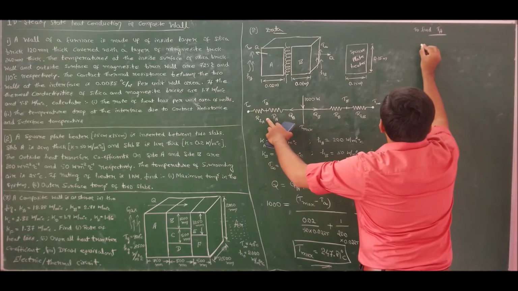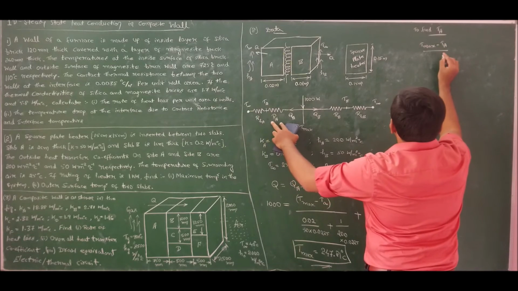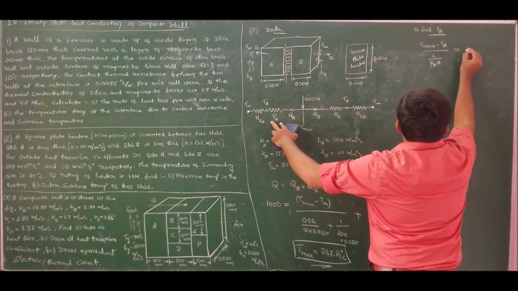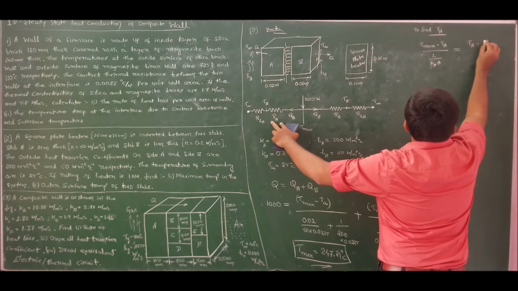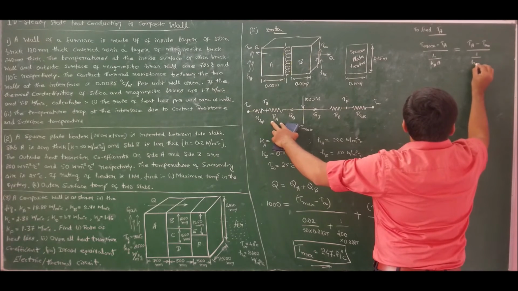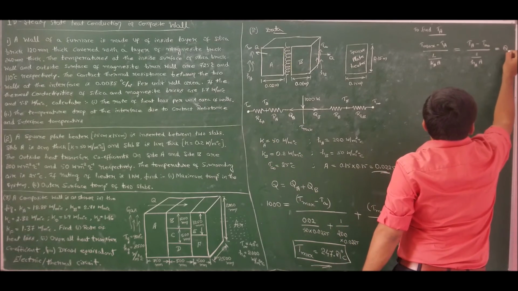Tmax minus TA divided by the resistance RA, which is L by KA into area, must be equal to TA minus T infinity divided by 1 by HA A. This is nothing but QA.